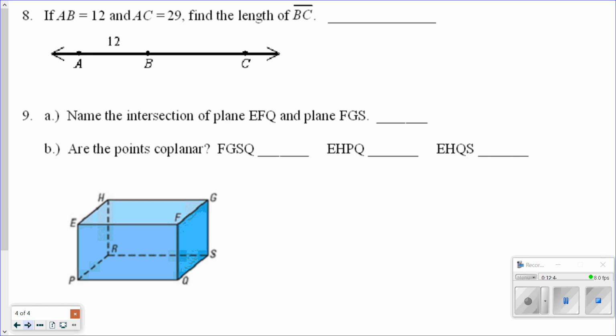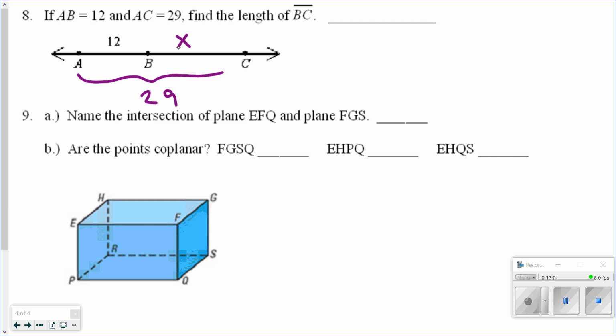All right, our next problem. If AB is equal to 12, AC is equal to 29, find the length of BC. All right, so some parts are already labeled here. So AB is 12. I also know that AC is equal to 29. I need to solve for X. I'm going to use the segment addition postulate for this.